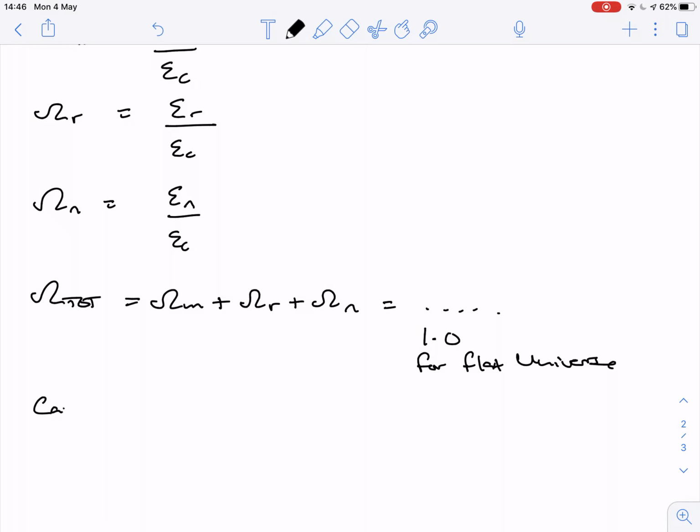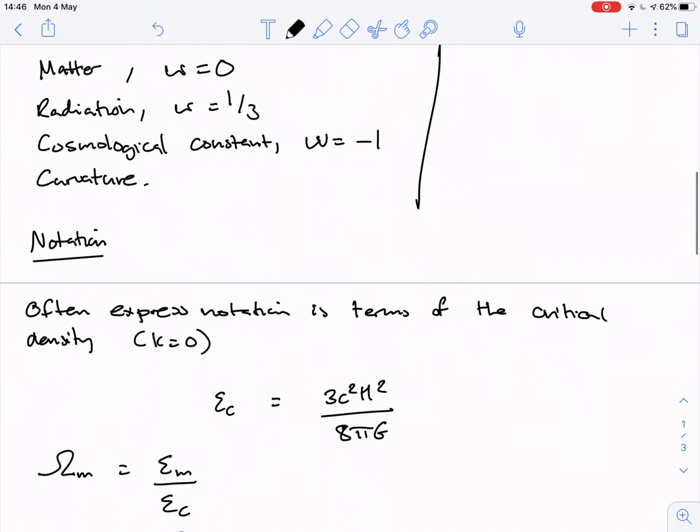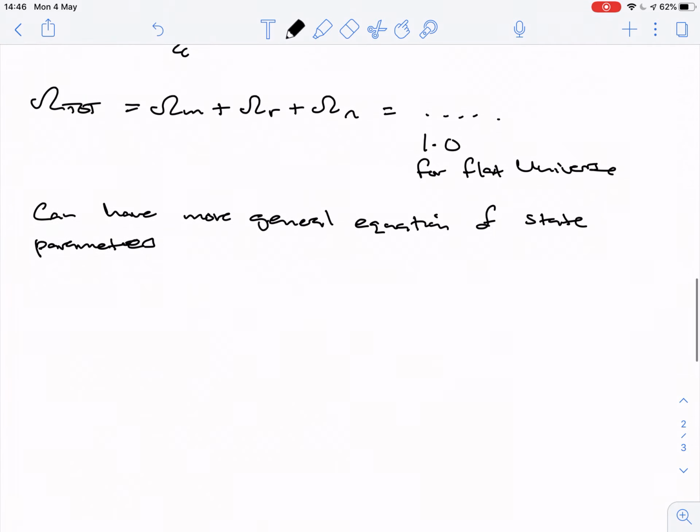And of course, I'm doing a very specific thing here. You can have more general equation of state parameters, so not just the ones that I outlined up here, but you can have other ones as well.